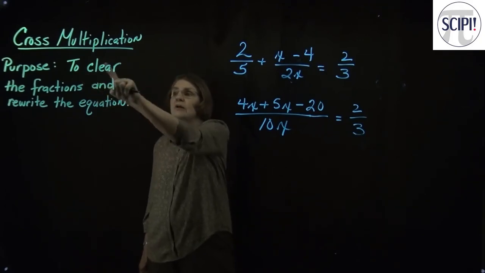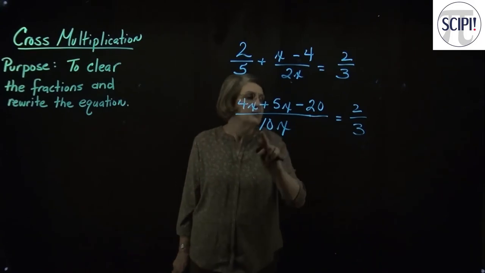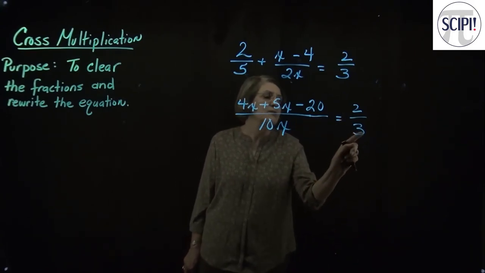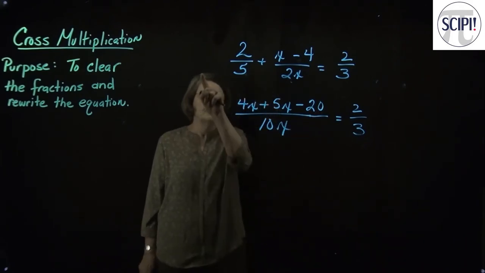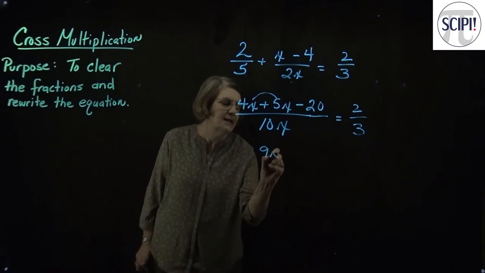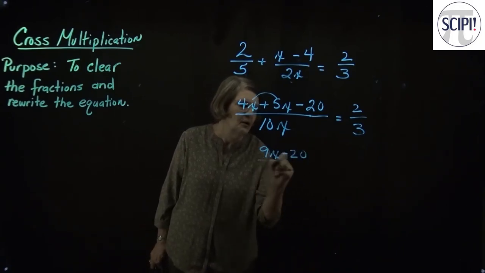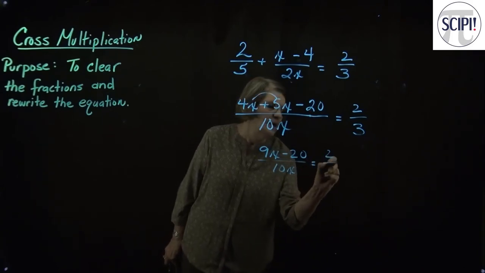Why? It's because I want to clear the fractions to rewrite the equation. Now, it looks daunting, but it really isn't. So let's start with 3, and let's do our big long one up here. Oh, you're right. We need to add those. Thank you, Adam. So it's 9x minus 20. Well, that's going to save us some work. Thanks, Adam. All right.